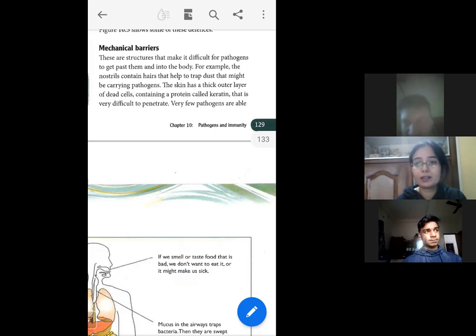They will directly go to the lungs and they will block the passage. If the passage is blocked, we will not be able to breathe in the air, and there is a problem of breathing. Yes, we will die. So that those dirt and dust particles that also contain pathogens or harmful microorganisms cannot enter our body, they are stopped at the nostrils.